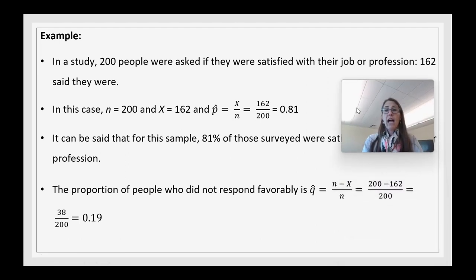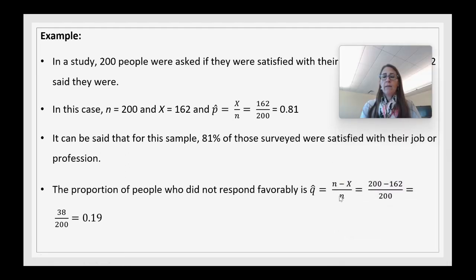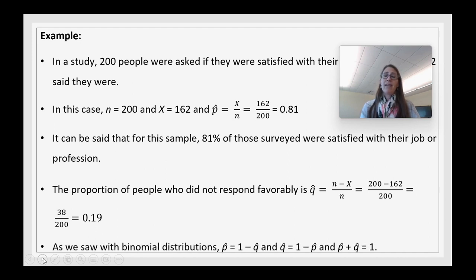So the people who were not satisfied, q hat, you can either do n minus x, so 200 minus 162, divided by n, which gives you 38 over 200, or you could do 1 minus 0.81. Either way, you'd get 0.19. So 19% did not respond favorably. And again, this is binomial, so p hat equals 1 minus q hat, q hat equals 1 minus p hat, and q hat plus p hat equals 1.